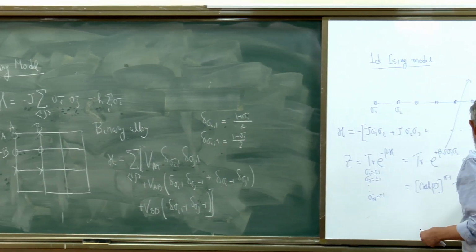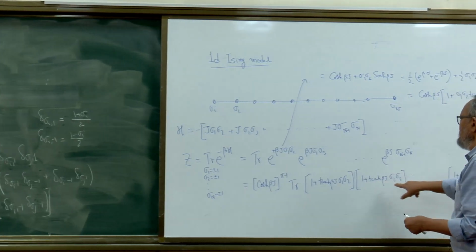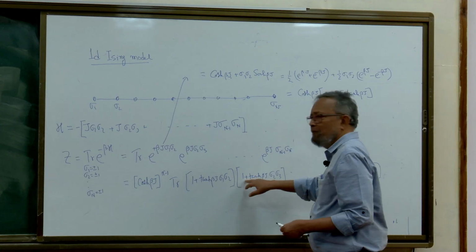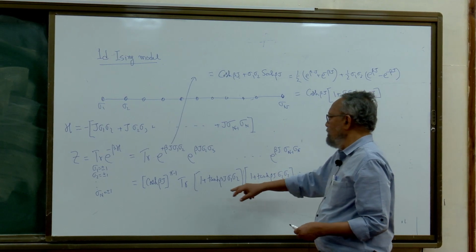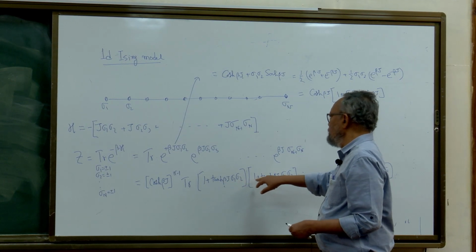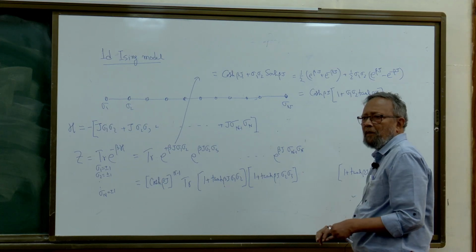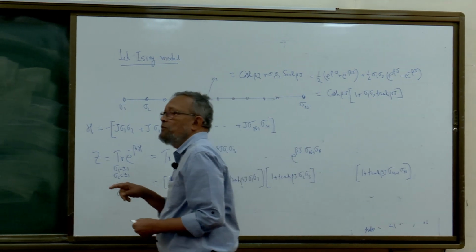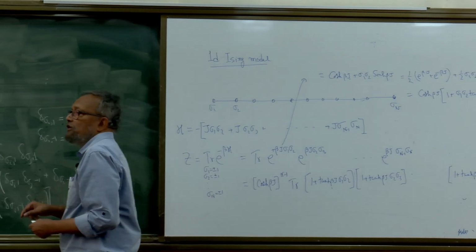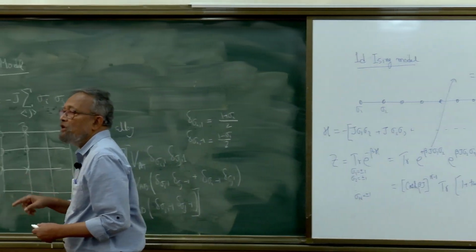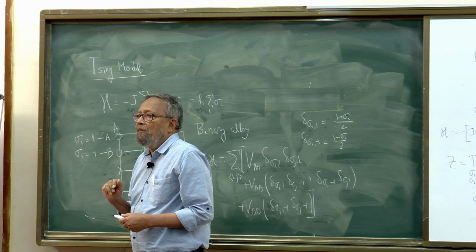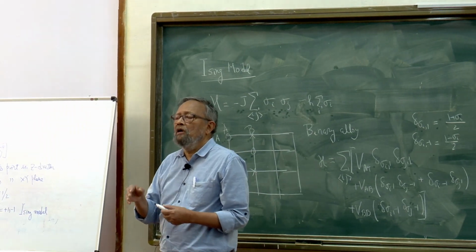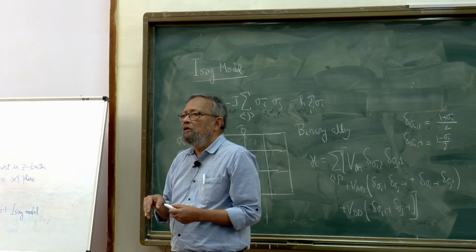There are two terms in each of these brackets. If I multiply these out, the first term will be all 1. There will be a term where you take this for this bond, 1 for this bond, and so on and so forth. And the point is, since I am summing over sigma being plus or minus 1, we cannot have any term that involves only one spin. Any term that has only one spin, let's say sigma 1, summed over sigma 1 equals plus or minus 1, will give me 0.